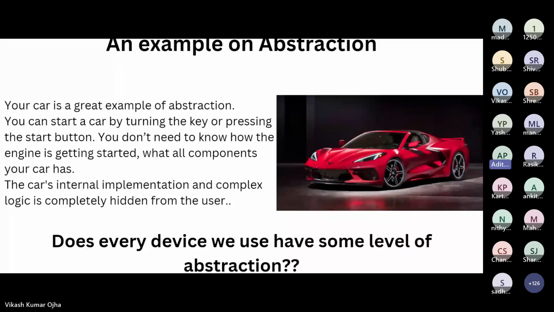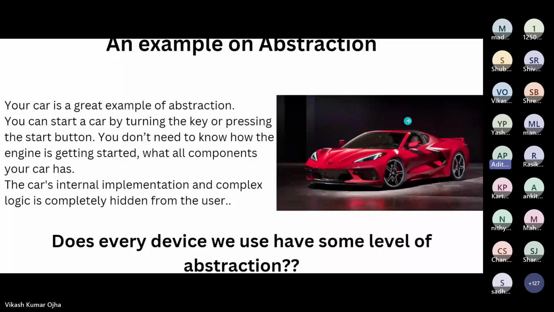We do not really need to know how the engine works or how the engine is connected to the wheels, and lots of details. There may be millions of details in the car which we don't need to know. We just need to know a few of the basic things. So abstraction really helps us in this way, and here you can read this.